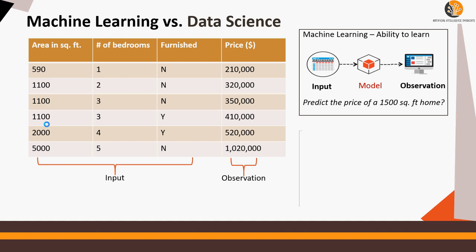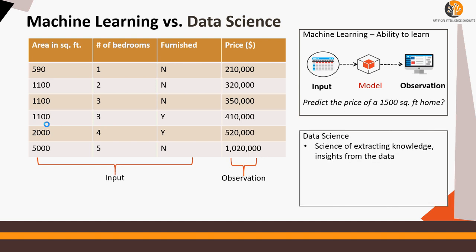Now the data science approach is different. It's the science of extracting knowledge, business knowledge and insights from the data. A data scientist will suggest a hypothesis. Think about this. If the area in square feet is the same, but the number of bedrooms is less, you're going to fetch a lower price.